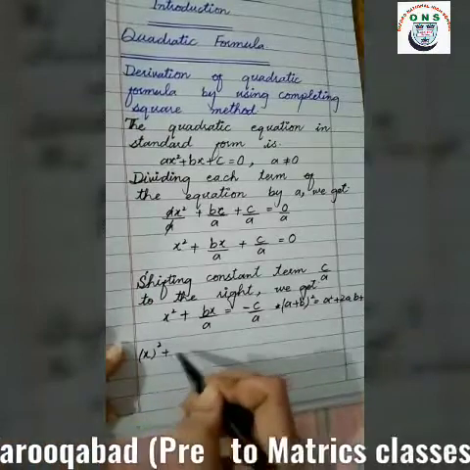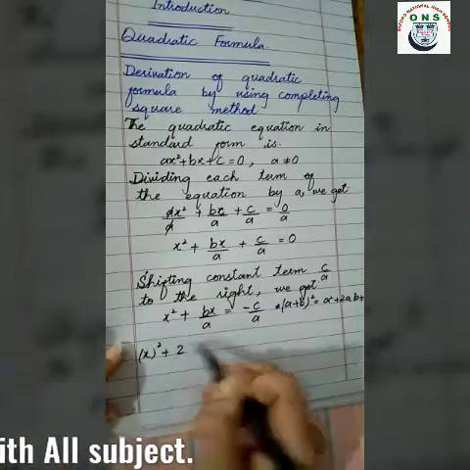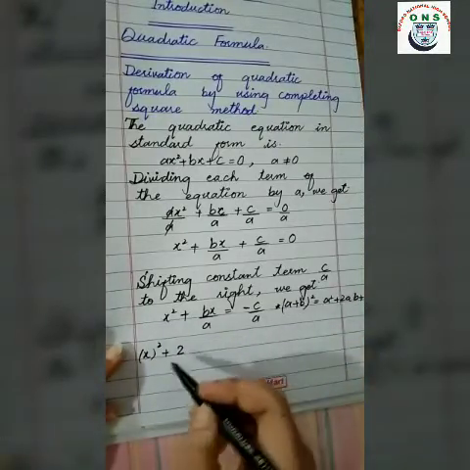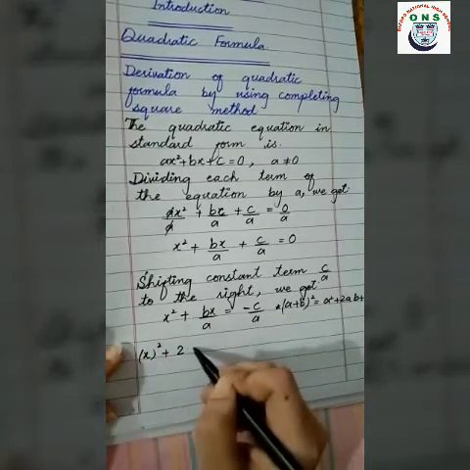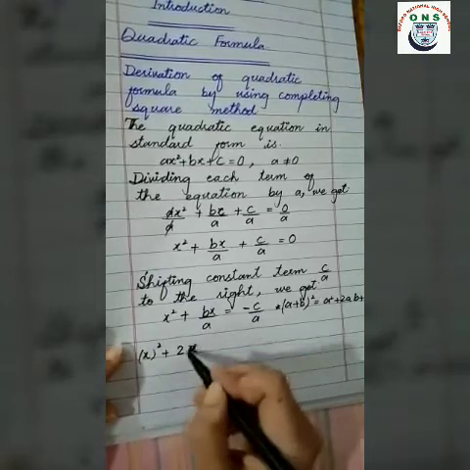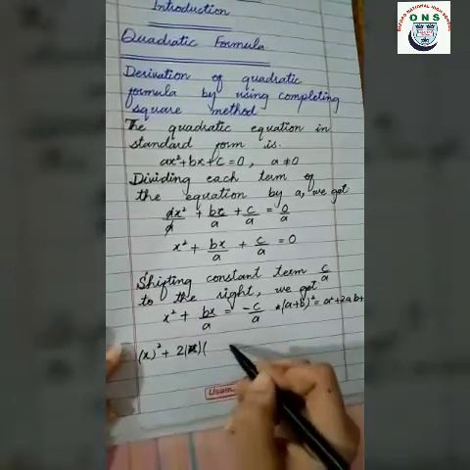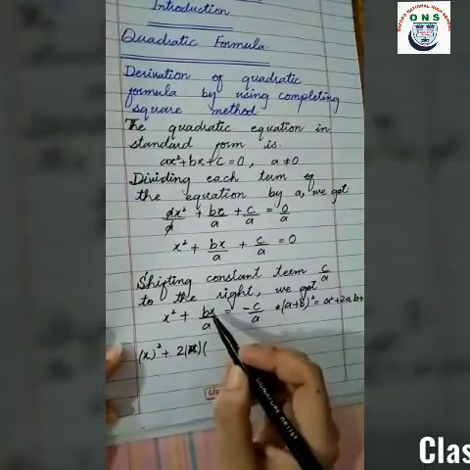First of all, a square plus 2, now 2ab we need, plus 2. What is a here? a is x, and b we don't know. b we have to derive from here.